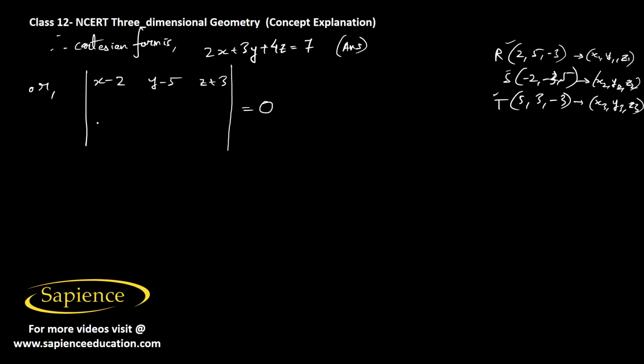So x2 minus x1 is minus 2 minus 2, and y2 minus y1, and then z2 minus z1, and this is x3 minus x1, so it is 5 minus 2, and y3 minus y1, and z3 minus z1.